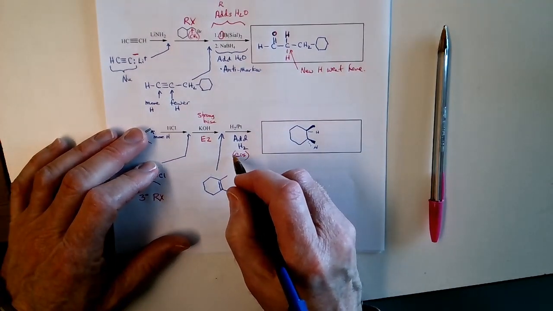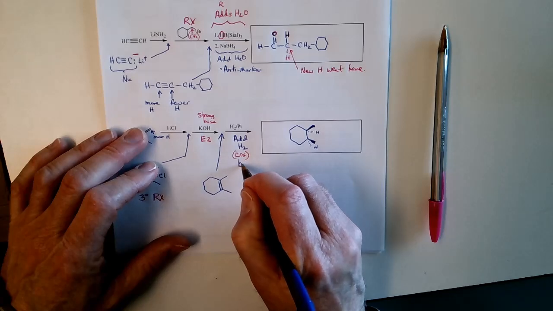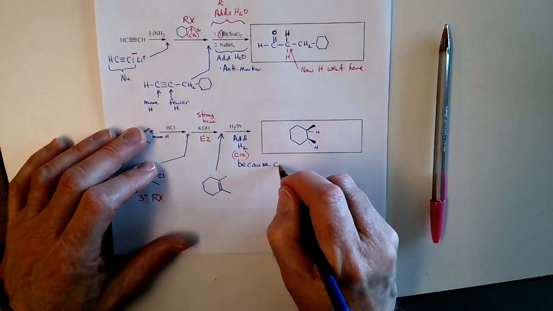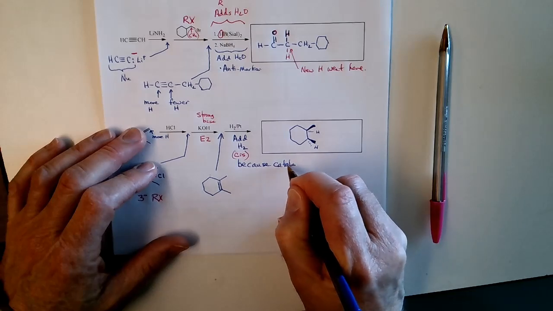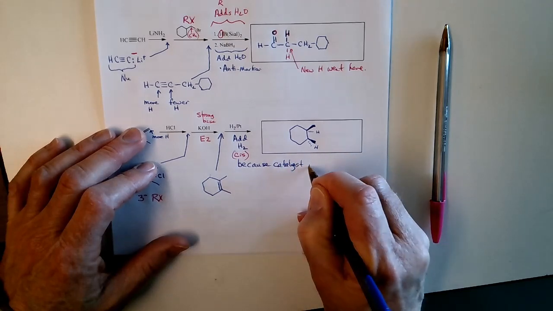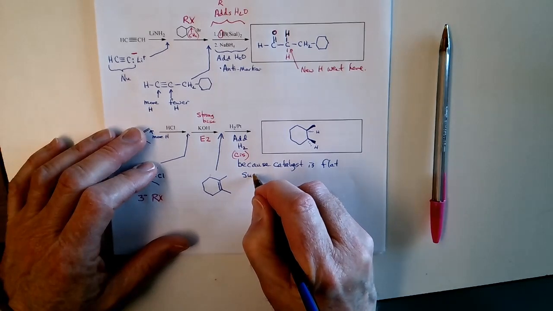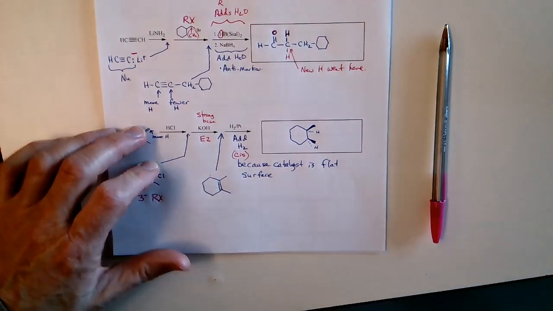It adds cis, hydrogen adds cis, because the catalyst is going to be a flat surface.